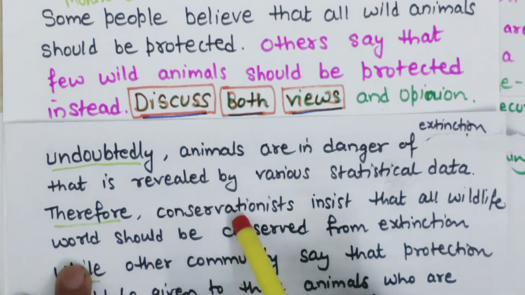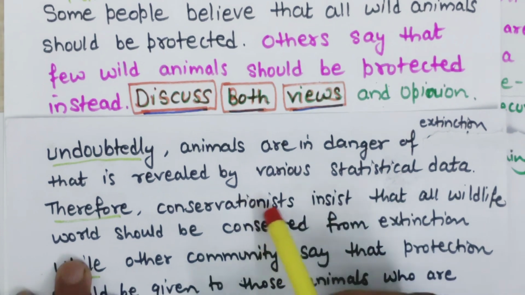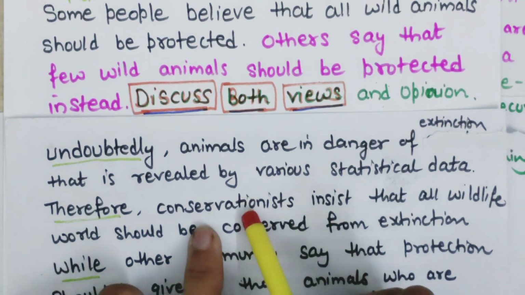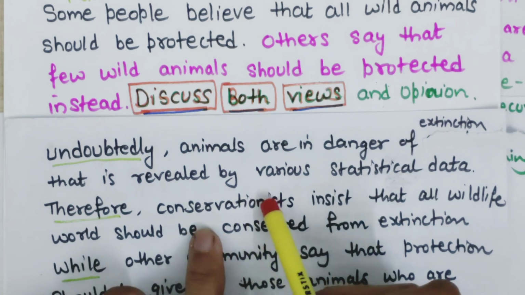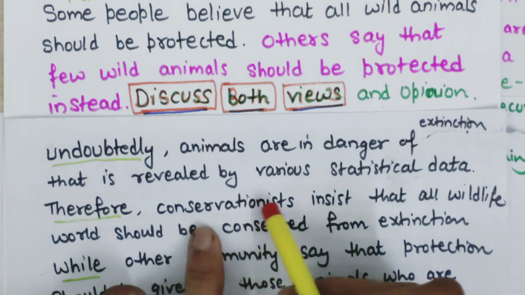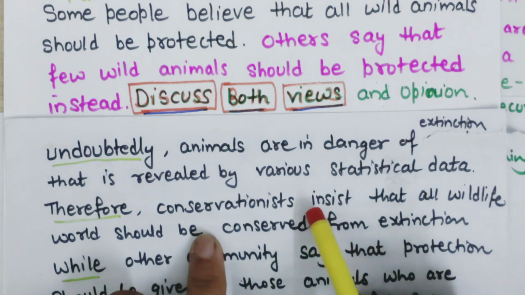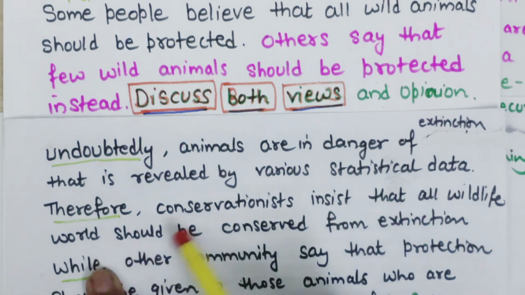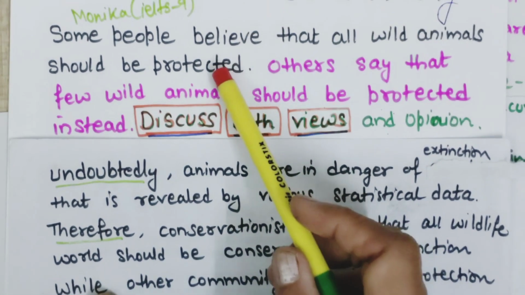So therefore conservationists insist. If you find this spelling too big, you can make mistakes, so you can say animal lovers, or any experts, or some people insist that all the wild world. So now I am paraphrasing this statement.